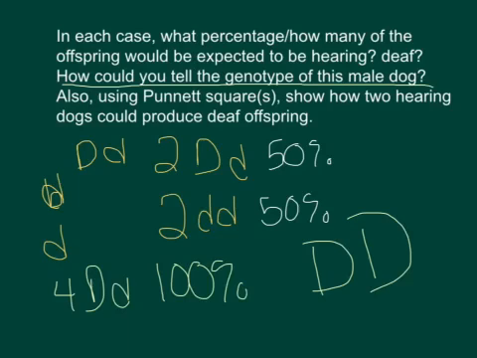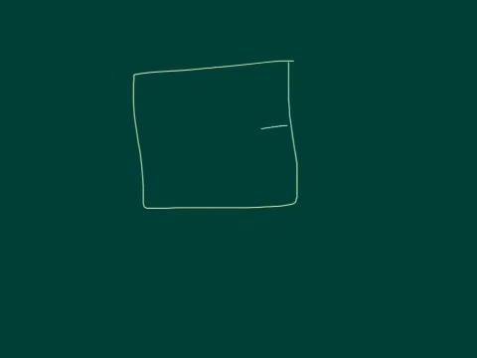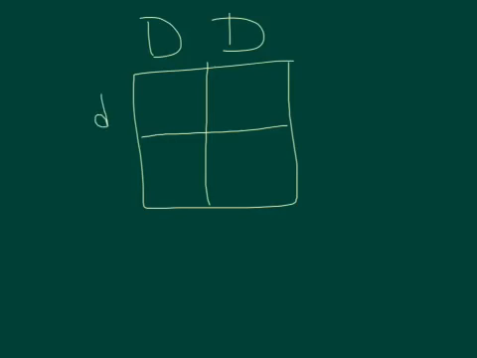The last portion of this question says, also, using Punnett squares, show how 2 hearing dogs could produce deaf offspring. So in a Punnett square, I already know that if I have a hearing dog and a deaf dog, I will get all hearing dogs.